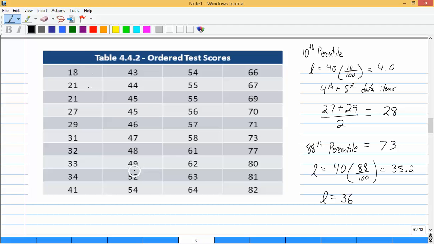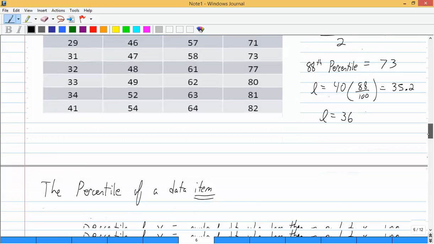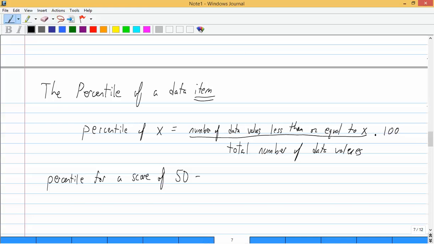We don't have 50, so we don't have to worry about equal to. We just count the number of data items less than. There's 8 in this column, and then there's 10 in this column. So that's 18 data items less than 50. That's going to be our numerator over the total number of data values, 40 in that table, times 100.